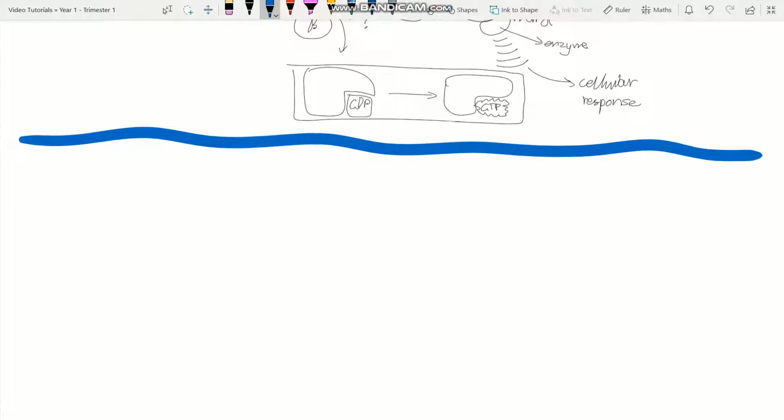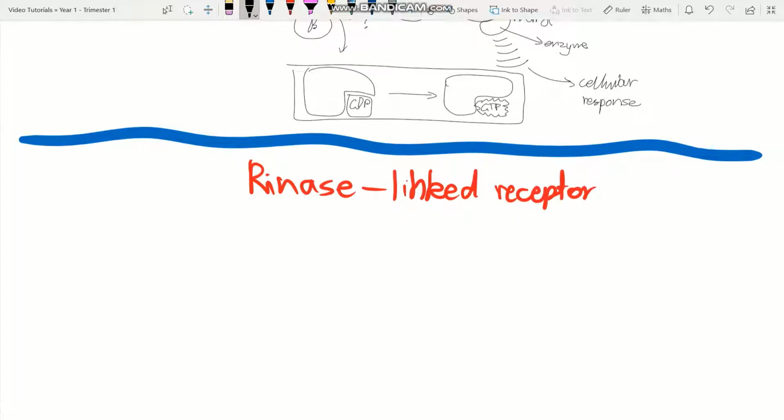The next type of receptor that I'd like to go through is called a kinase-linked receptor. Now, unlike ligand-gated or G-protein coupled receptors, kinase-linked receptors are actually quite slow.